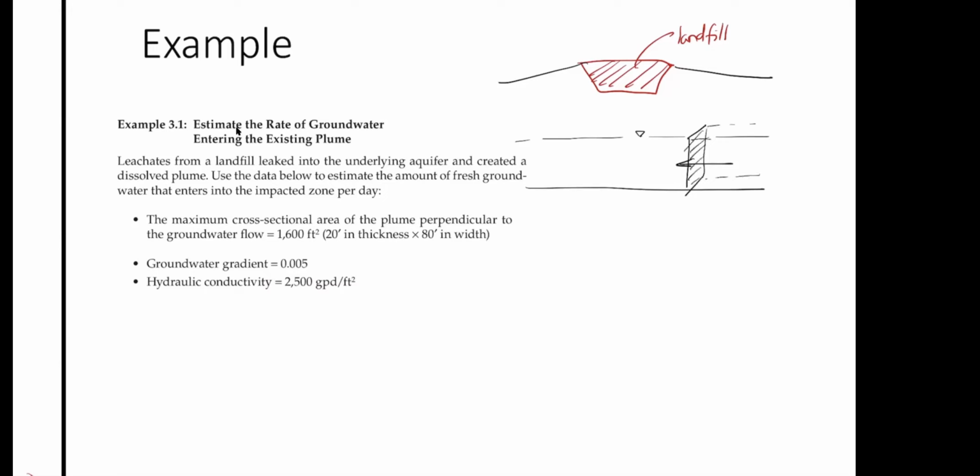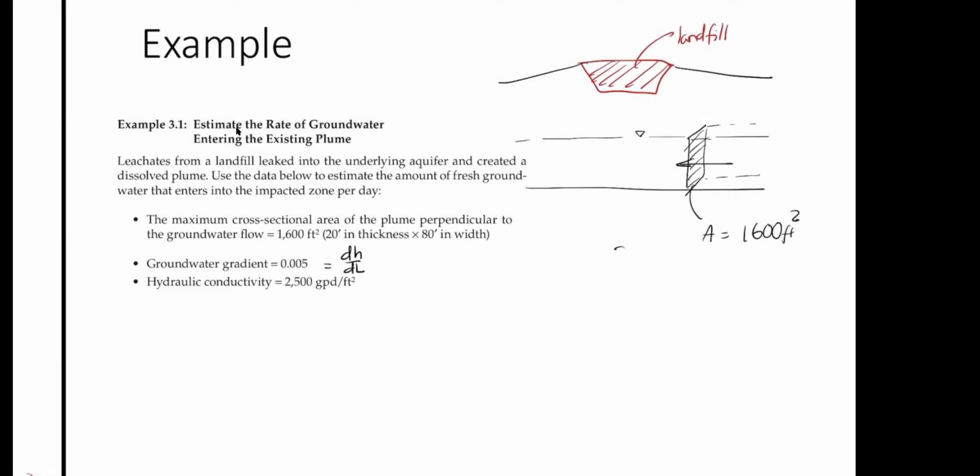That area is 1,600 square feet, because that's perpendicular to the groundwater flow. The groundwater gradient means the head difference, dH over dL, is 0.005. That's why it doesn't have a unit.